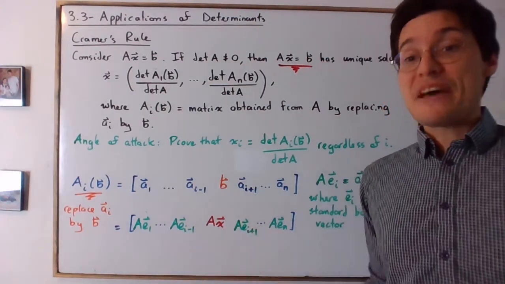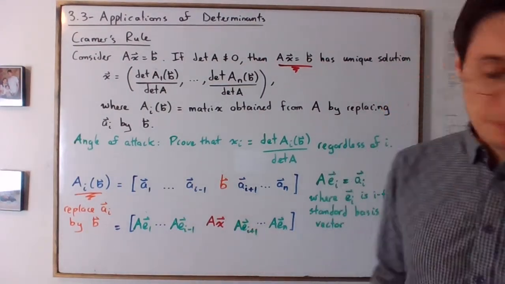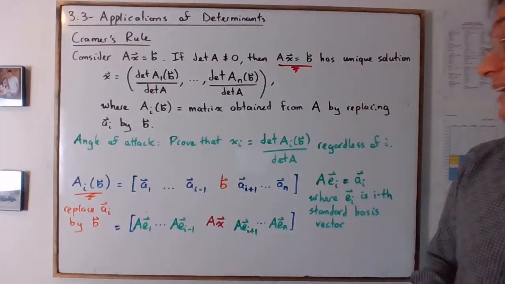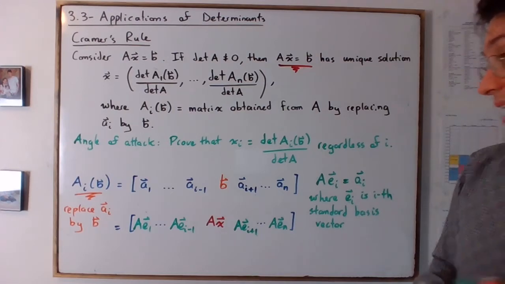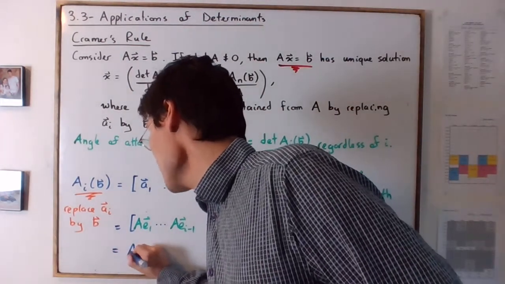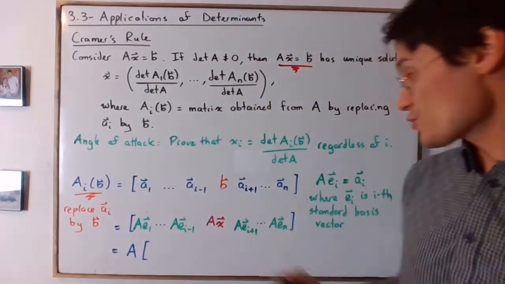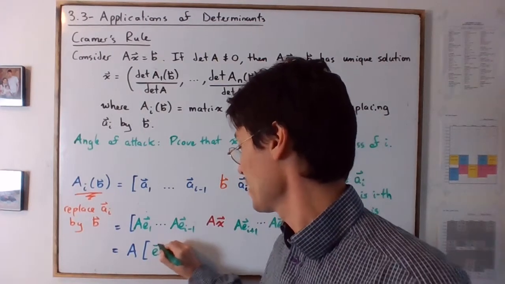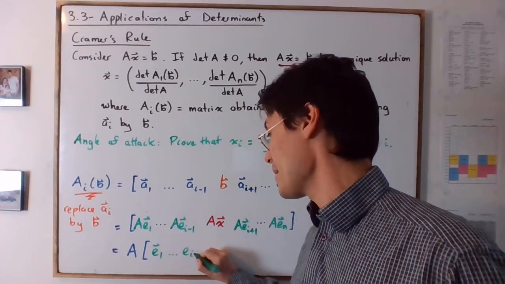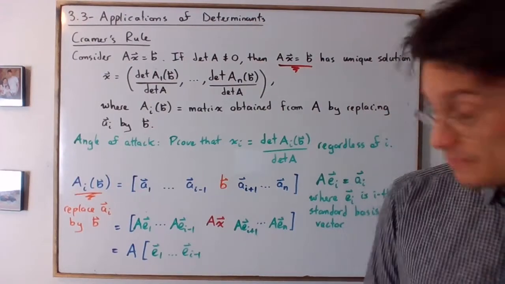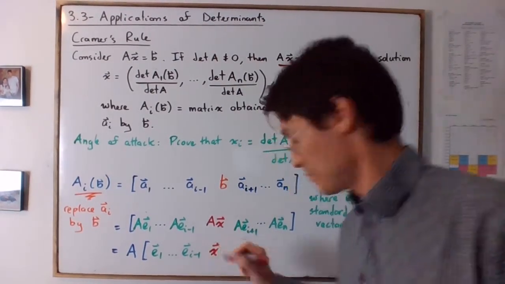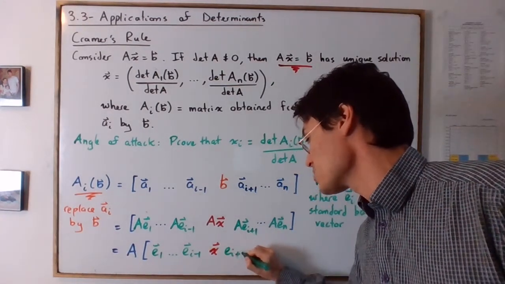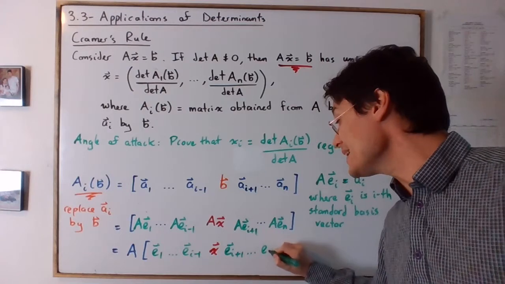Now, this is the definition of the following matrix multiplication. As you can see, there's an A everywhere, and we're going to factor it out. So this is the matrix A times the matrix that we have right here: E1, then up to E(i-1), then X, then E(i+1), all the way up to En.